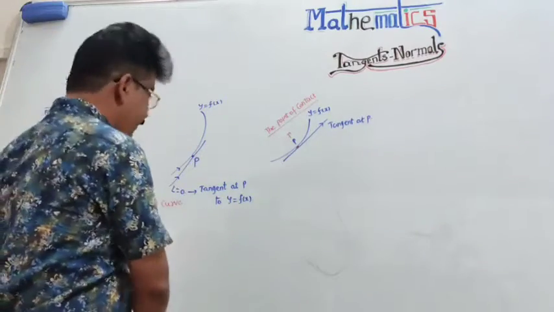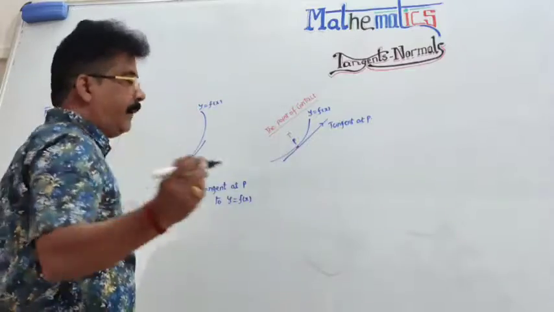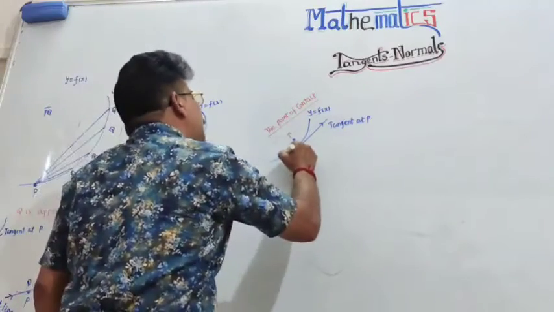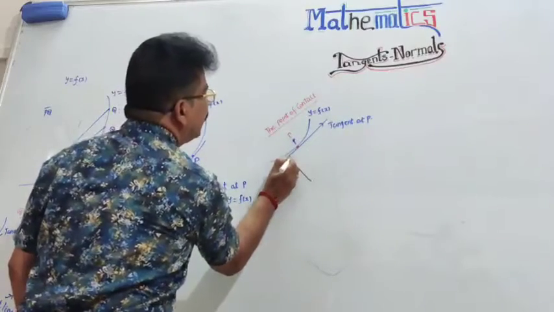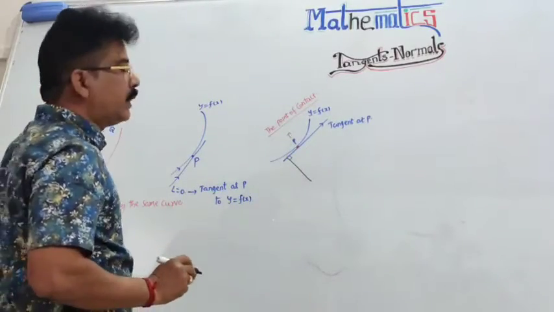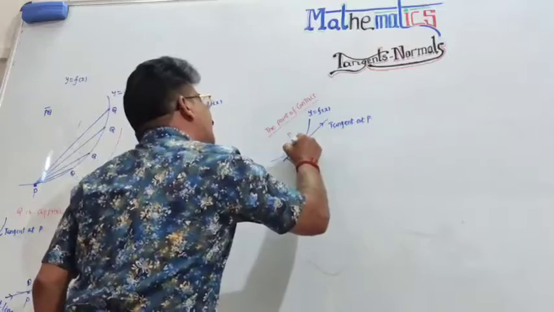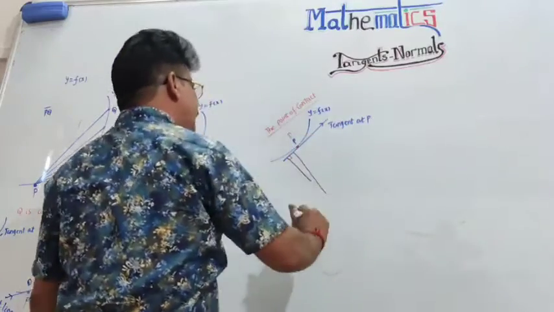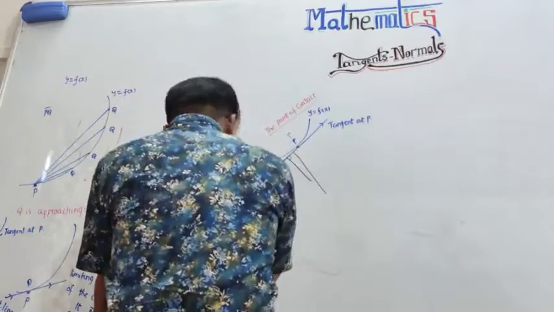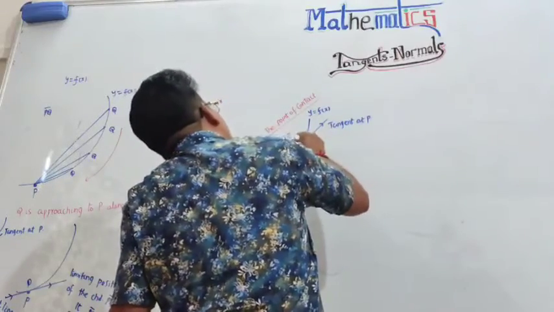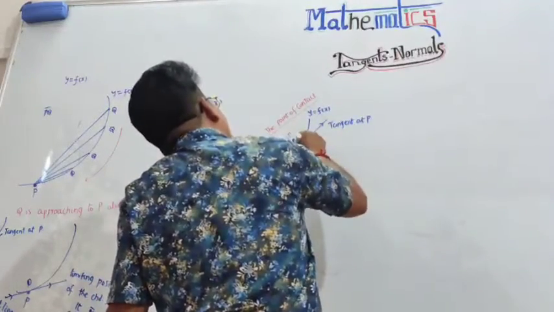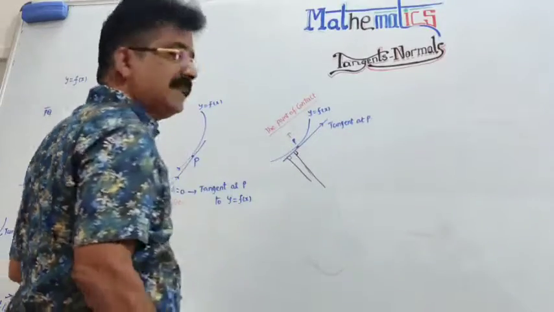Next, for example, you see here, this is another straight line which is perpendicular to the tangent.